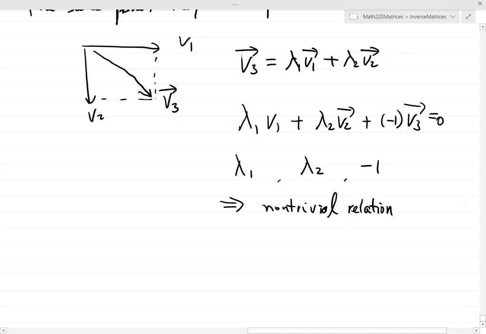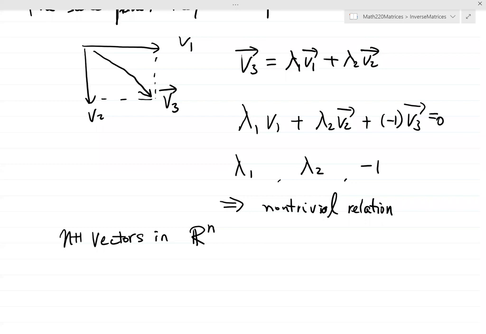If you have n plus 1 vectors in Rn, where Rn is dimension n, and they were linearly independent, then they would span dimension n plus 1.